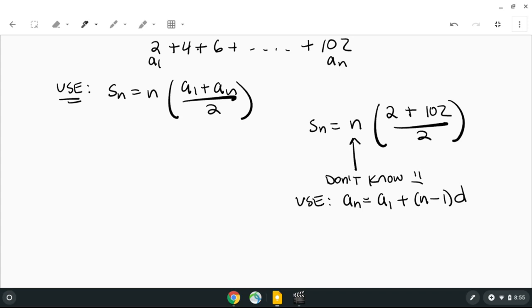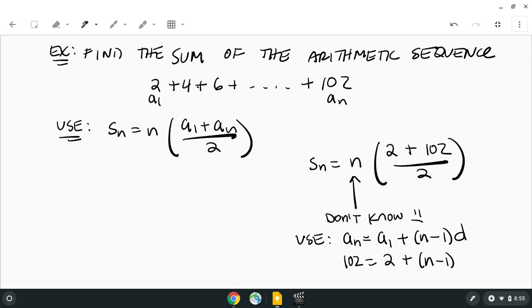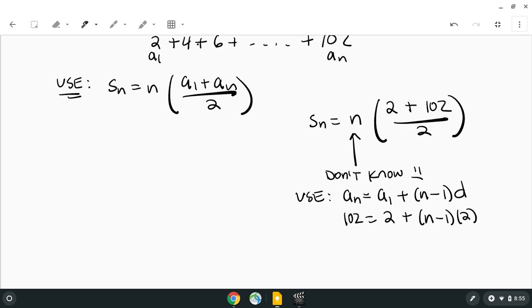We know AN is 102. We know A1 is 2. n is the thing we're trying to find. And d is easy to find because we already know this is arithmetic; it said so at the beginning of the problem. 4 minus 2 is 2, so I know what d is. 6 minus 4 is also 2. Any number I choose, minus the one before it, will be 2.